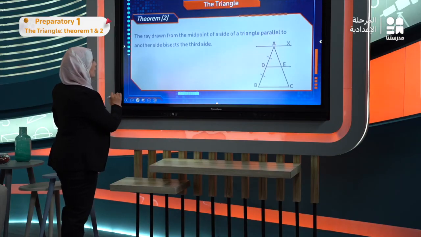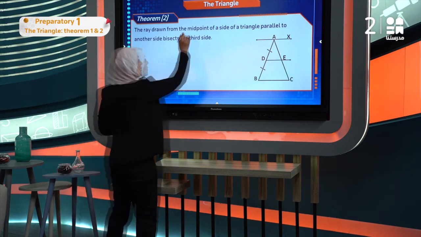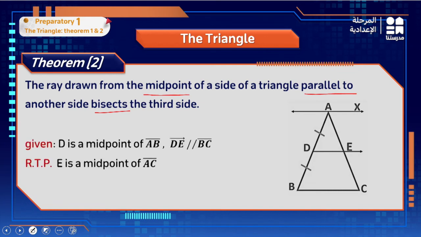Now we have a theorem. The ray drawn from the midpoint of a side of a triangle parallel to another side bisects the third side. So here we have a midpoint. For example, here we have D. Yes, D is a midpoint of AB.